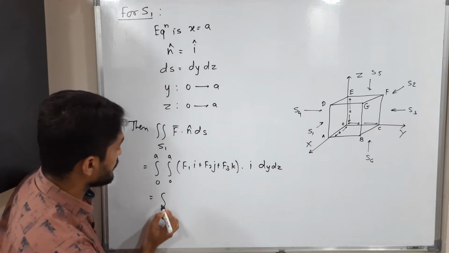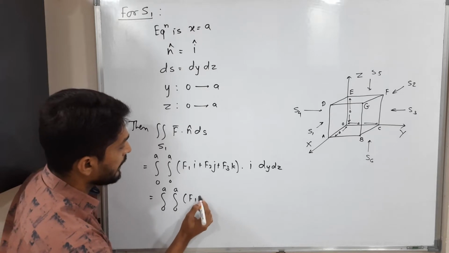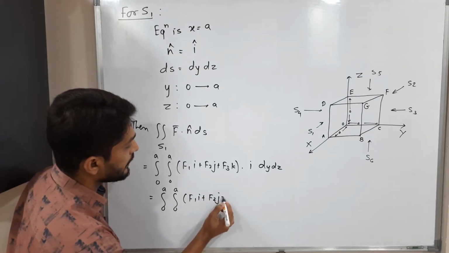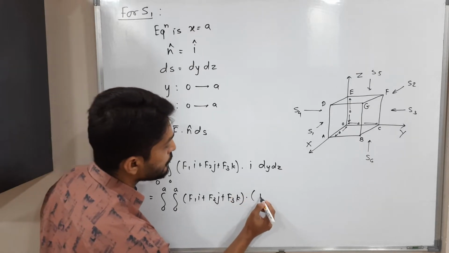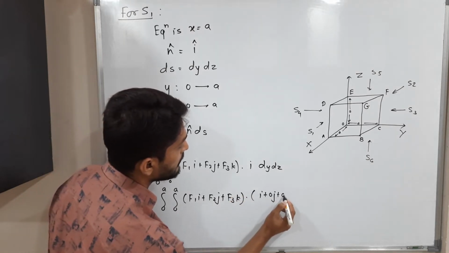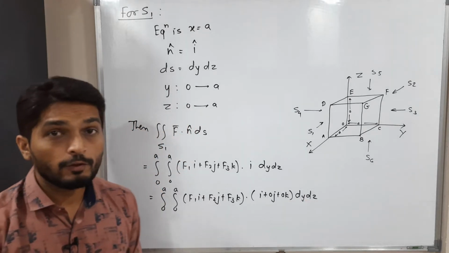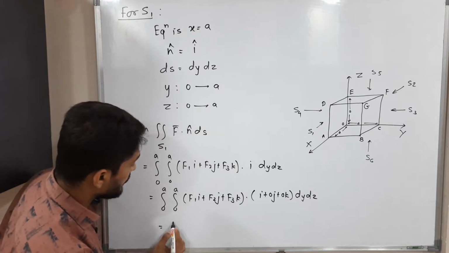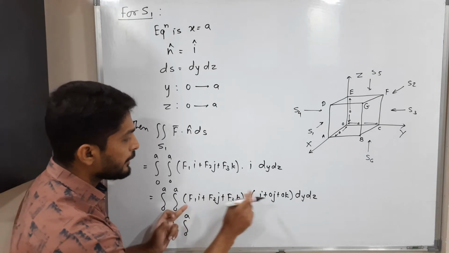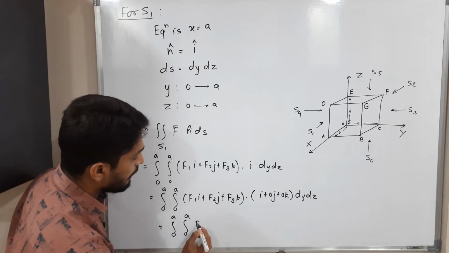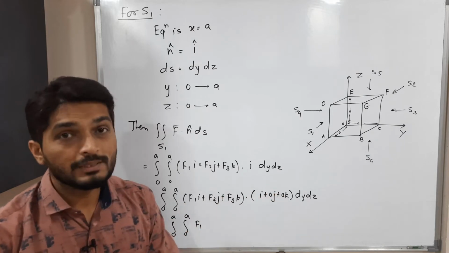So this is equal to the integration of f1 i plus f2 j plus f3 k dot I plus 0j plus 0k, dy dz. You know well how to find the value of a dot product, right? So this is equal to the integration 0 to a, 0 to a of f1 into 1, we will have f1, f2 into 0 is 0, f3 into 0 is 0.